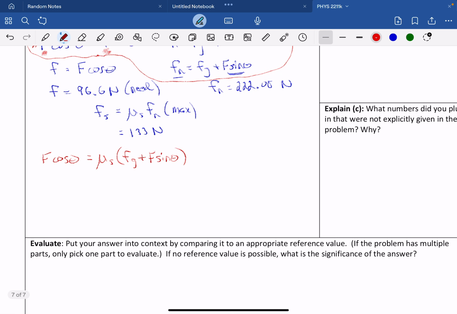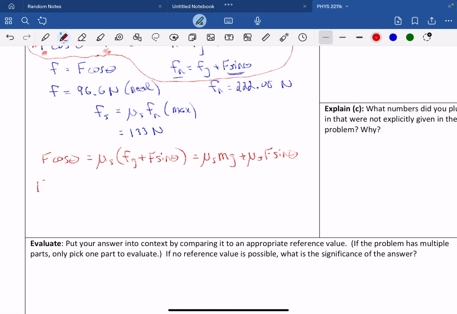So now all I have to do is solve this thing for F. So let's multiply out the mu s. So that's mu s, and let's make the force of gravity mg, plus mu s F sine theta. Now, to solve for F, I'm going to get all the terms with F on the left and all the terms without F on the right.